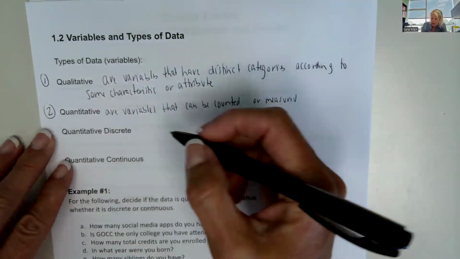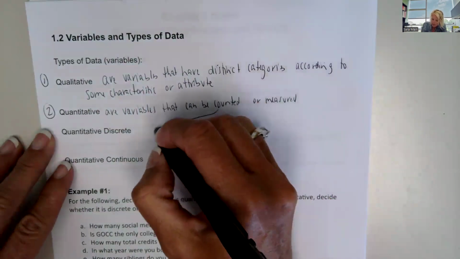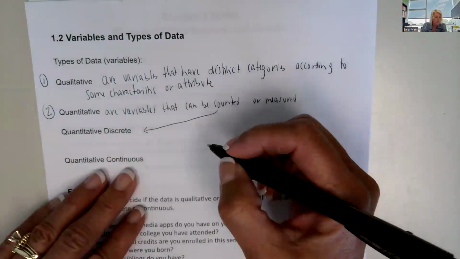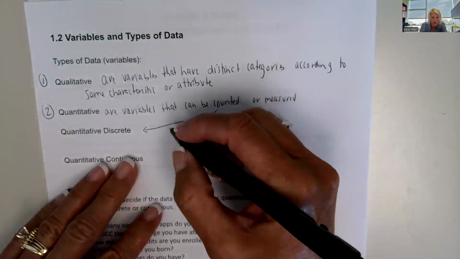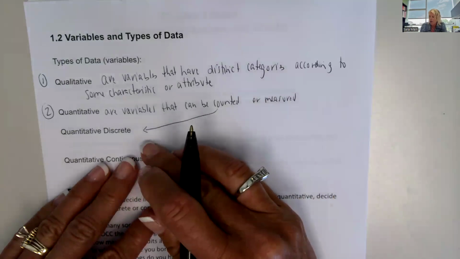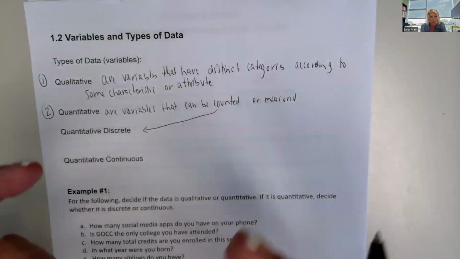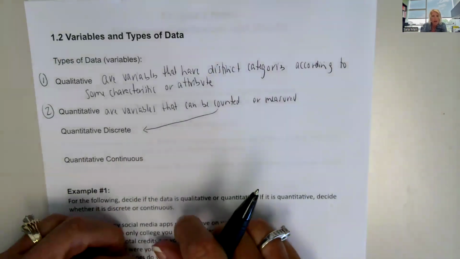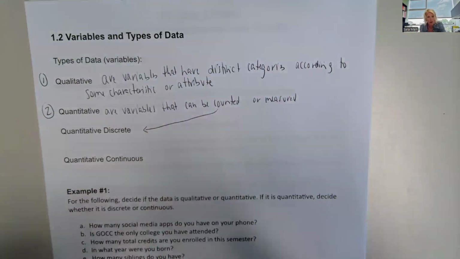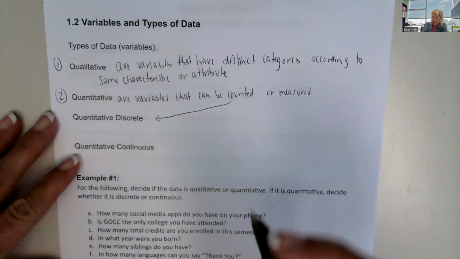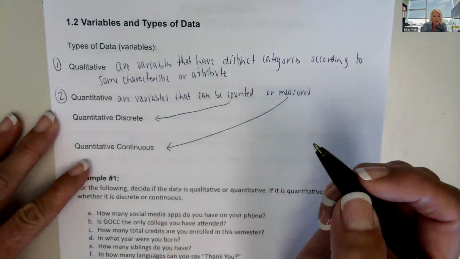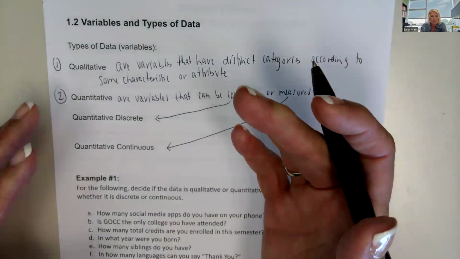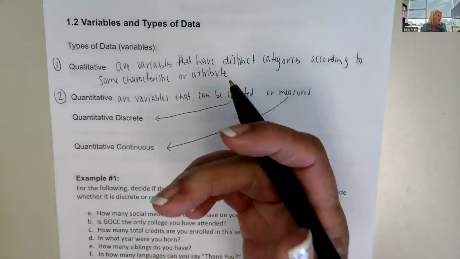So the counted are going to be the quantitative discrete. So variables that have to be whole. So you can't have a part of them. So that would be a phone. I have to have a whole phone. I can't have half of a phone. Or a pet, my dog. I have to have a whole dog. I can't have part of a dog. And then any variable that can be measured is going to be considered quantitative continuous. So time is usually something that's measured.